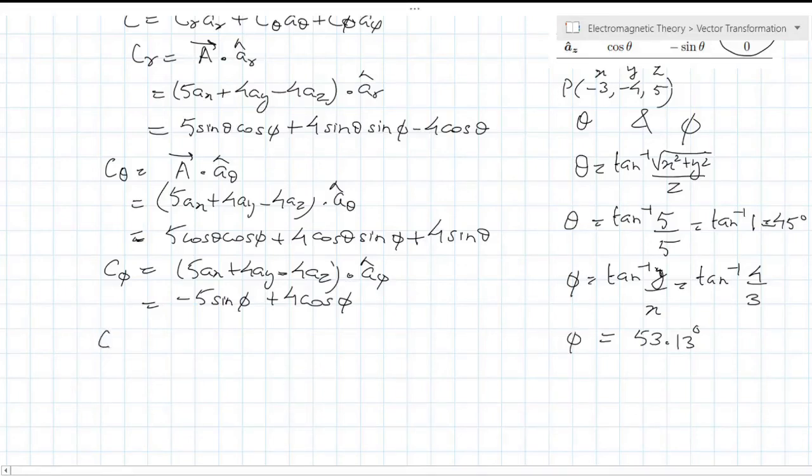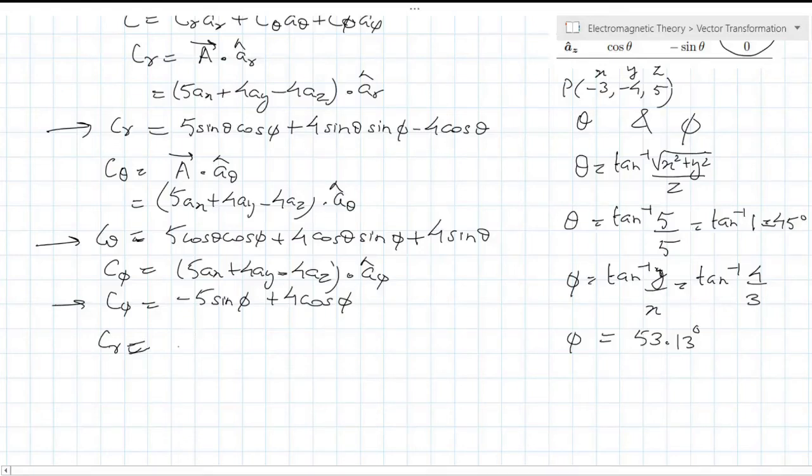So let me write down this value of CR. The CR that you see here, we have to substitute the value of theta and phi everywhere in this value of CR, here in this C theta, and here in this C phi. And to save some time, I am writing down the answer directly.